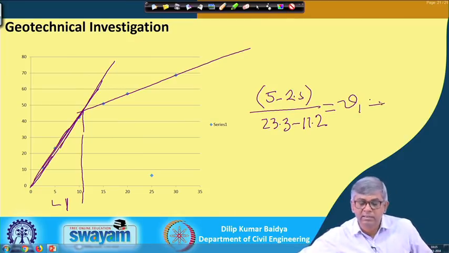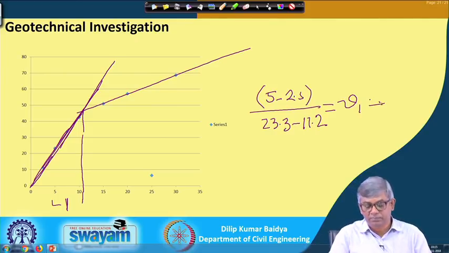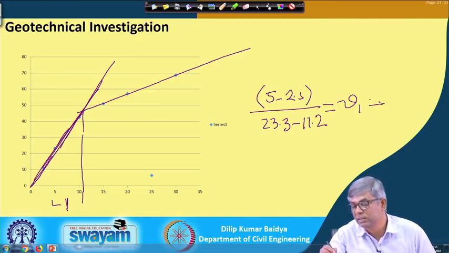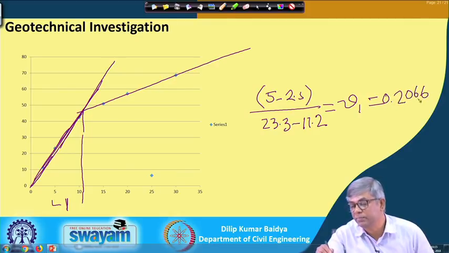So, if I calculate, this will be 5 minus 2.5 divided by 23.3 minus 11.2, which gives you 0.2066 meter per millisecond.